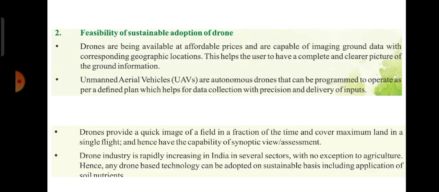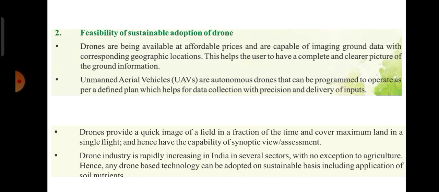The second stage is the feasibility of sustainable adoption of drones. Drones are available at affordable prices and are capable of imaging ground data with corresponding geographic locations. This helps the user to have a complete and cheaper picture of ground information.